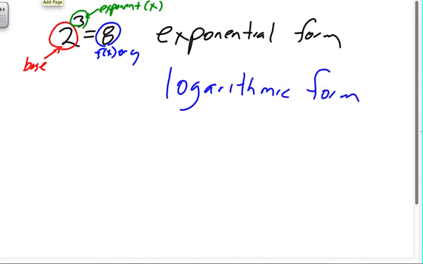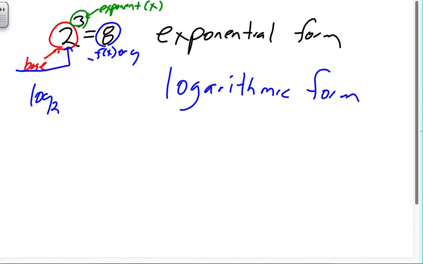So to convert this then into logarithmic form, first thing we're going to have to do is write log. That's the first step. Now you take your base, which in this case is 2, and you write the base down below log like that. Now at this point, we swap x and y.